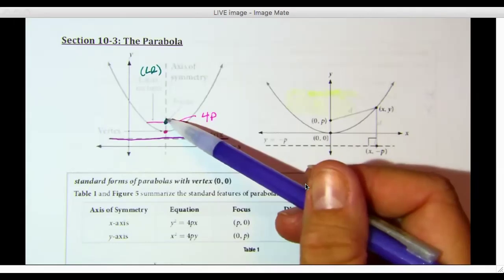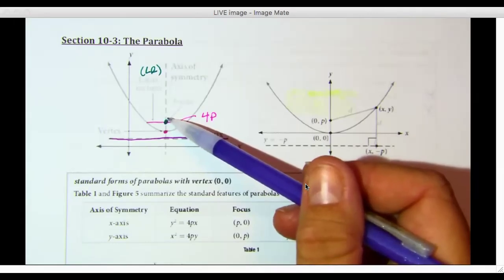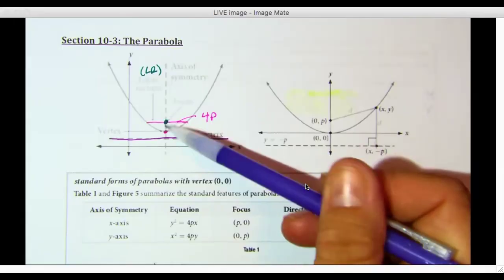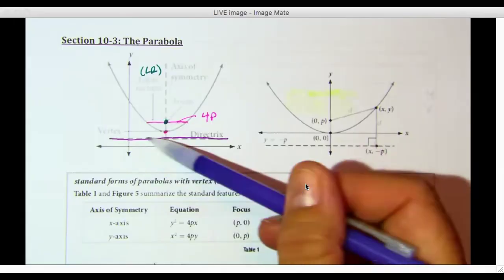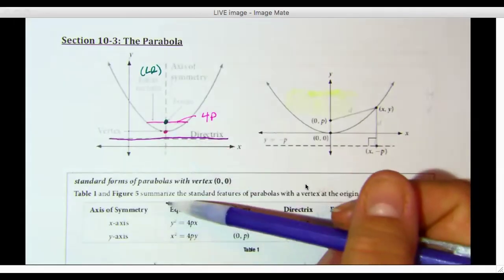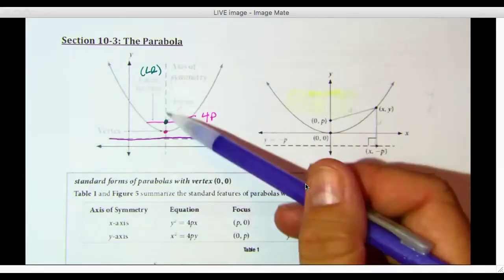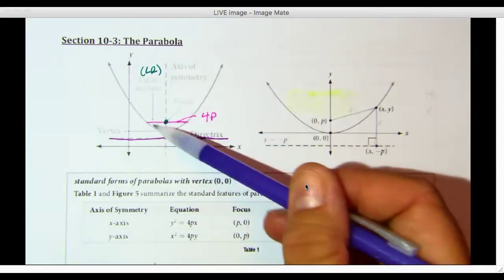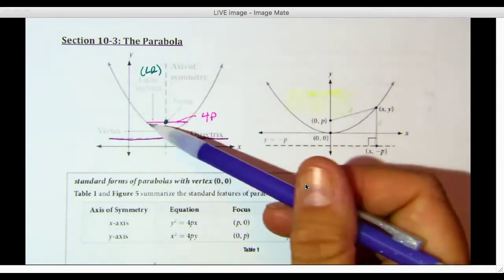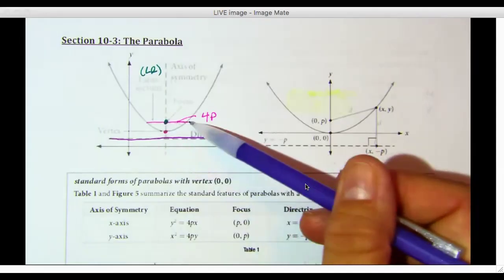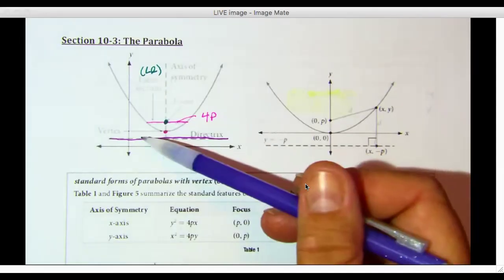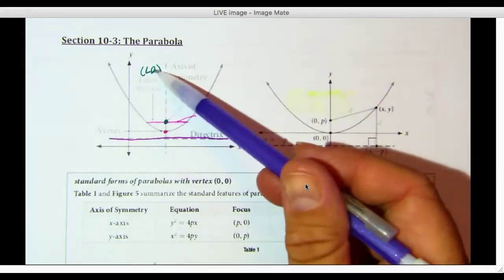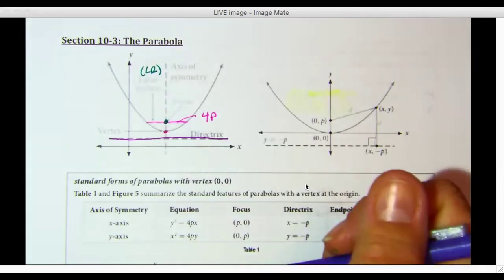The pieces we're going to be looking at from a conic sections standpoint is the vertex, the focus, the directrix here, that is this line beneath the parabola, the axis of symmetry, which is what splits it in half. It's symmetric across each side of that. And then this line that goes through the focus is called the latus rectum. It is a Latin word. I'm not sure why that's the term we use, but I always abbreviate it as LR.